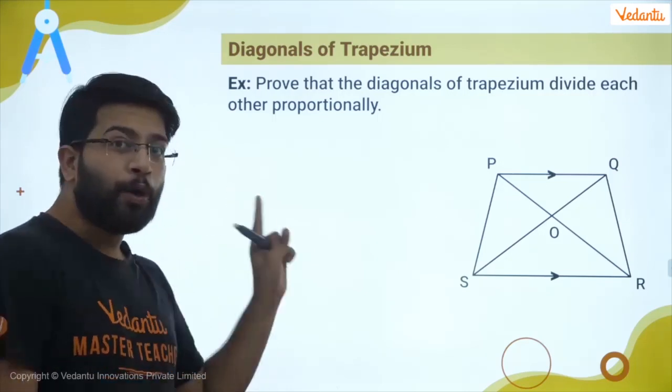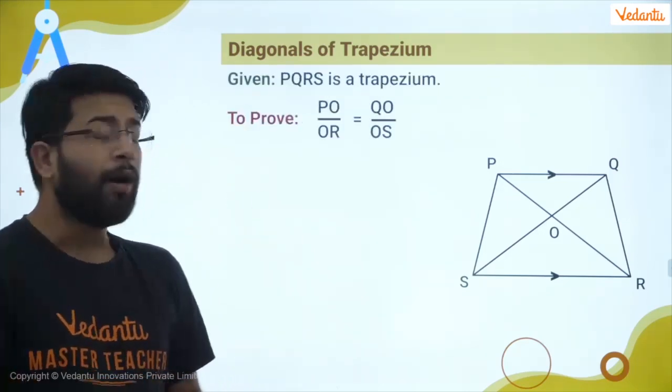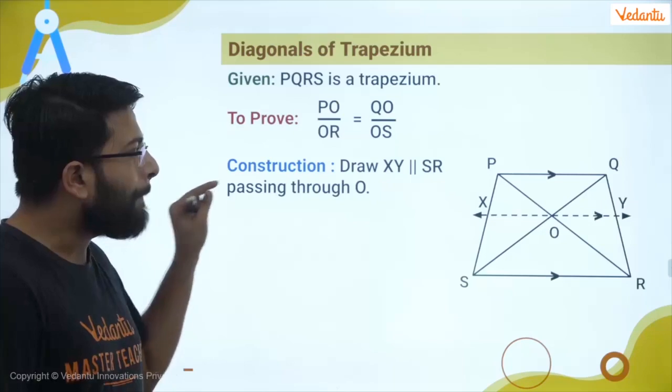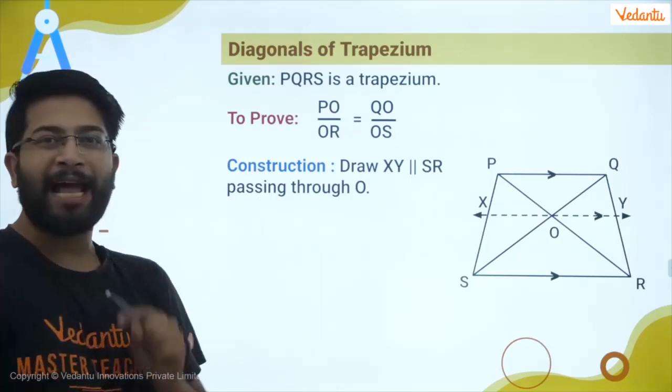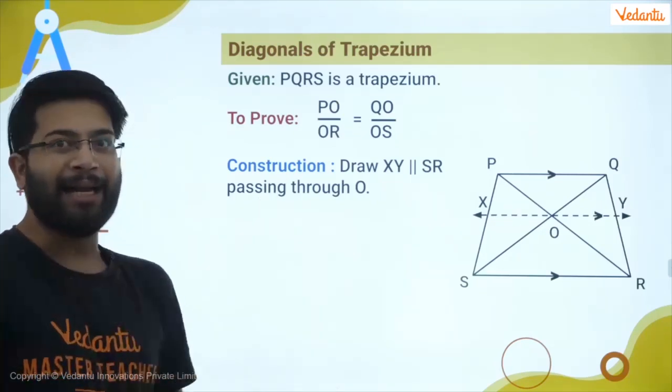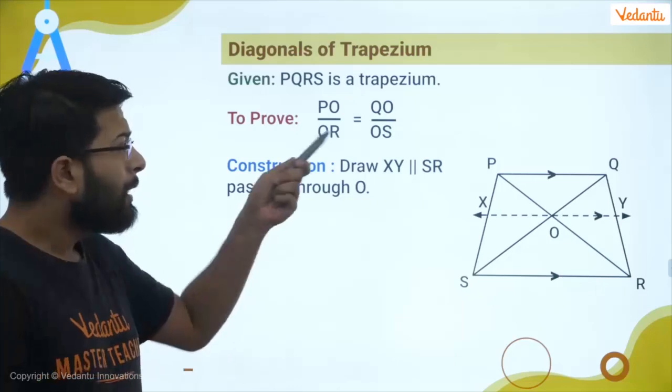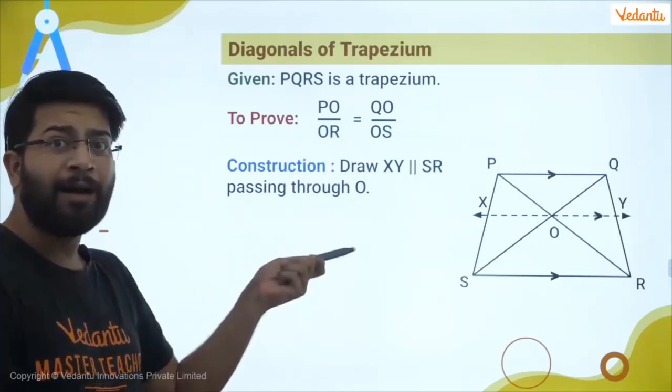In order to prove this, we have to draw one line through the point of intersection of both the diagonals, and that line will be parallel to the sides of the trapezium.